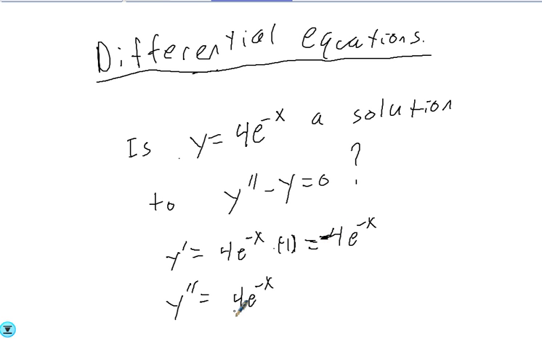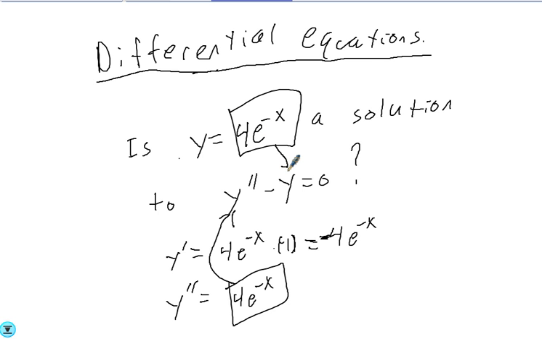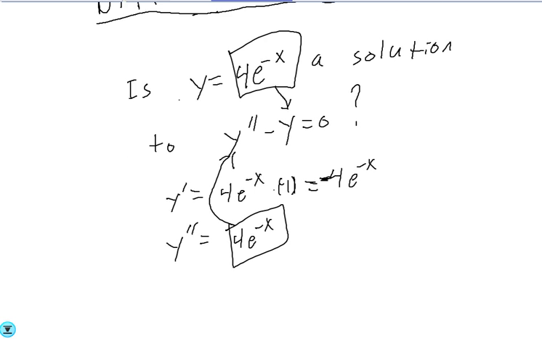So now we take this and we plug it in here, and we take this and we plug it in here. And we get 4e to the negative x minus 4e to the negative x, and that does equal 0.